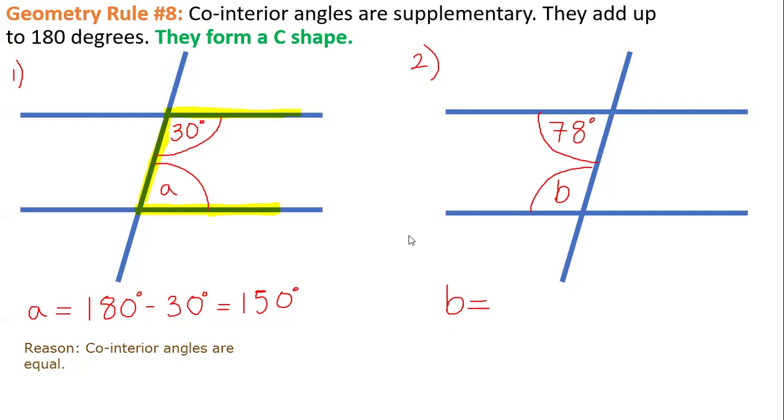Say it again. 102. 180 minus 78 is 102 degrees. So we have to subtract them, right? 180 minus 78. That's equal to what? 102.